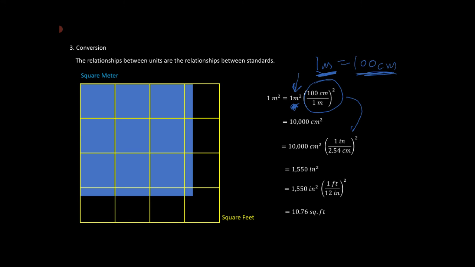And so we did that, and we did several conversions of the same type with the same square, because square feet has the same dimensions as any other area measure. And we found that we had 10.76 square feet. So that means we have, let's say this, how close is that color?